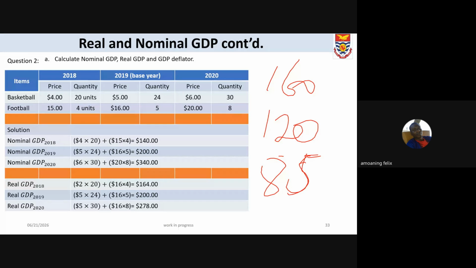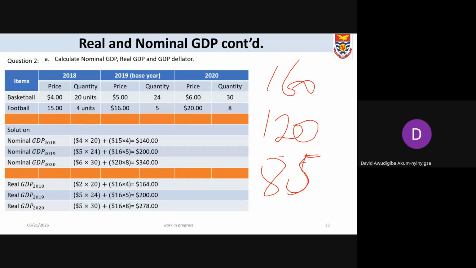When your GDP deflator is equal to 85, what it is telling you is that inflation is negative 15%. Whenever you want to make the analysis, you are comparing one value to another value.